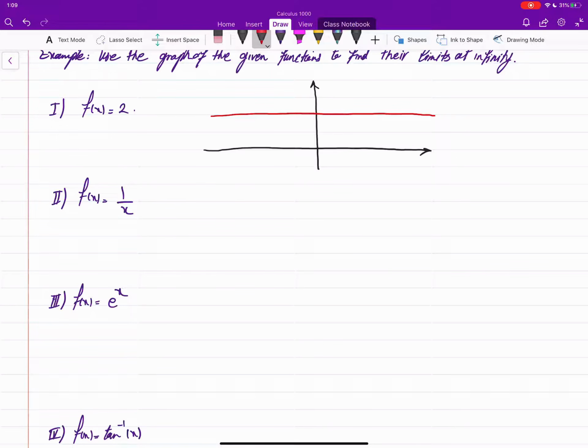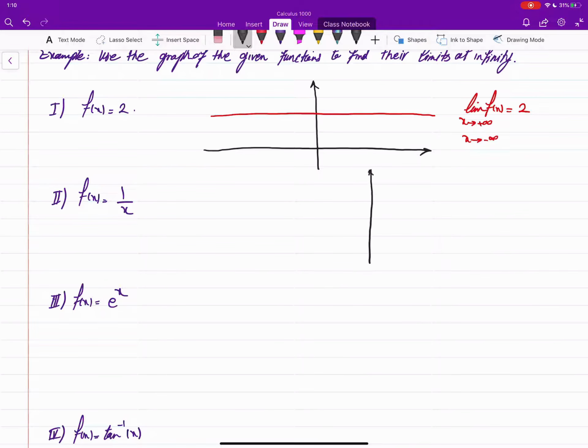So the limit of f of x as x goes to plus infinity or negative infinity is in both cases just the constant number 2. It cannot get better than that. It is the closest possible thing, itself.